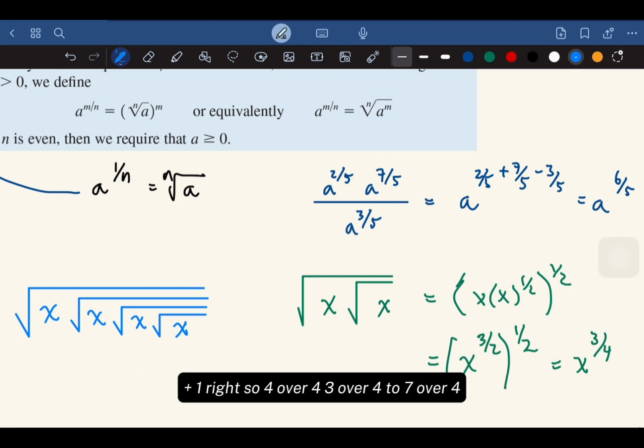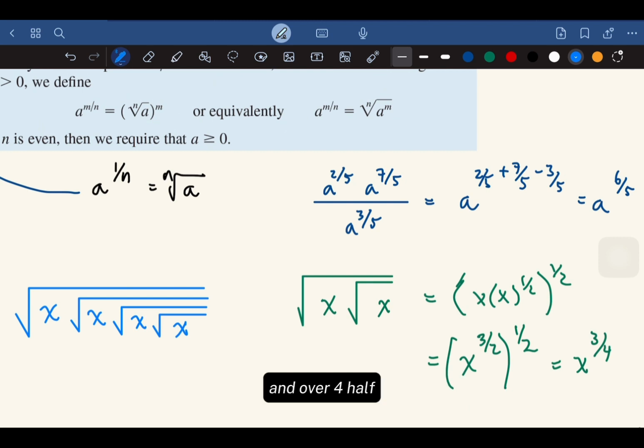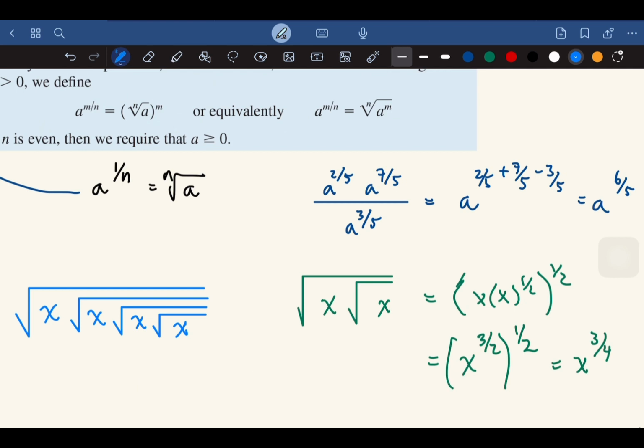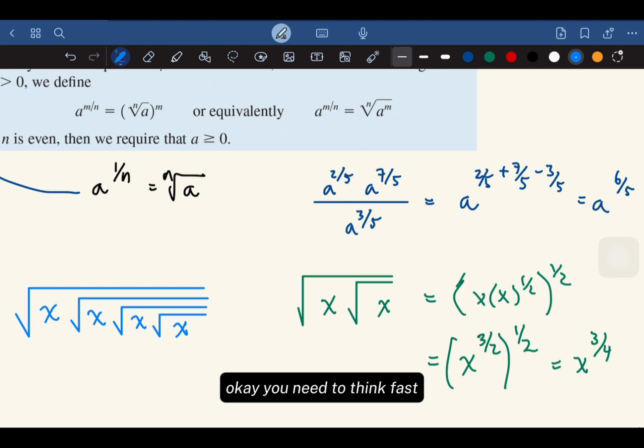So 4 over 4, 3 over 4, 7 over 4, 7 over 4 times half, 7 over 8, right? 7 over 8 here, plus 1, 15 over 8, and 15 over 16. Okay. Hey, so slow. I didn't even do it right. You need to think fast, and you need to find how to think fast. That's one way to understand, or maybe to solve math quicker.